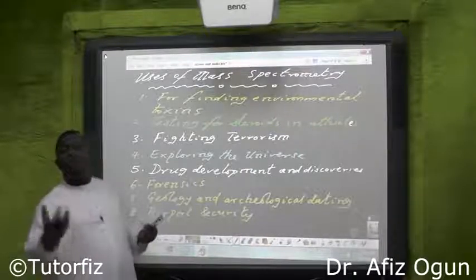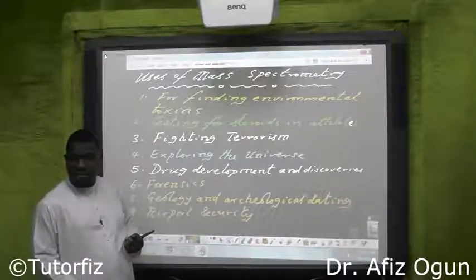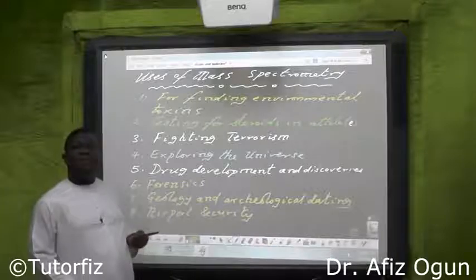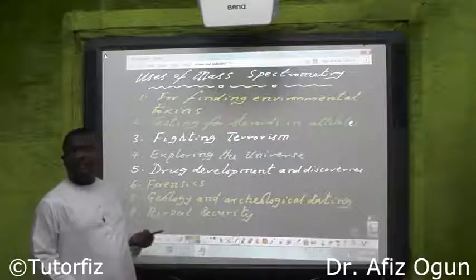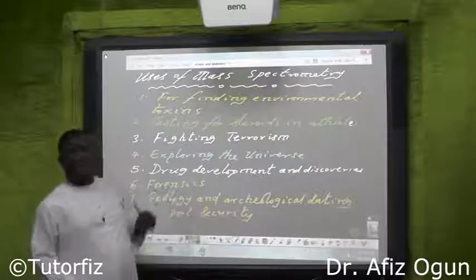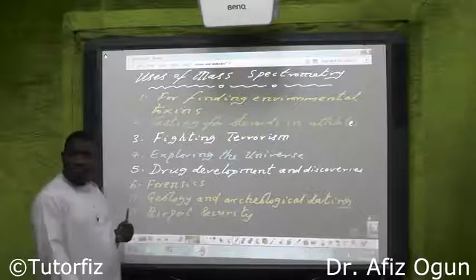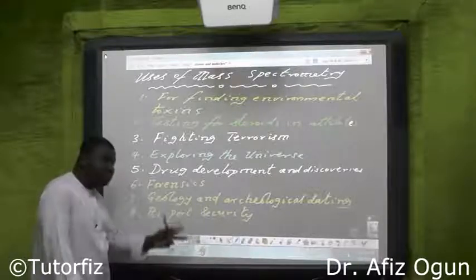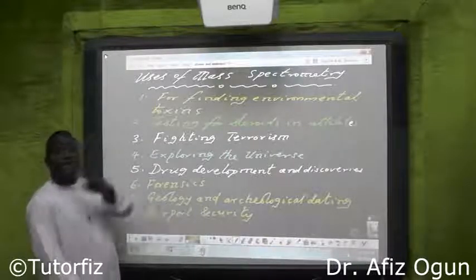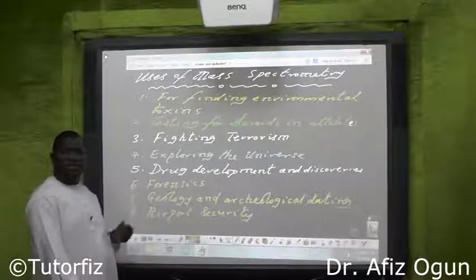Or you test the bone of people living millions of years back, and you get certain things in their remains, and you know that because they have this in their remains, they must have been eating that at that time, or this body is coming from this place because this particular food is more in this area. A lot of things you can use it for.